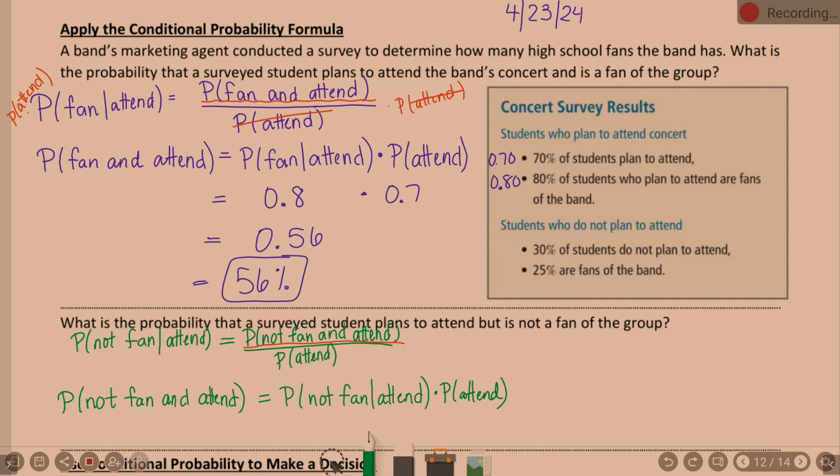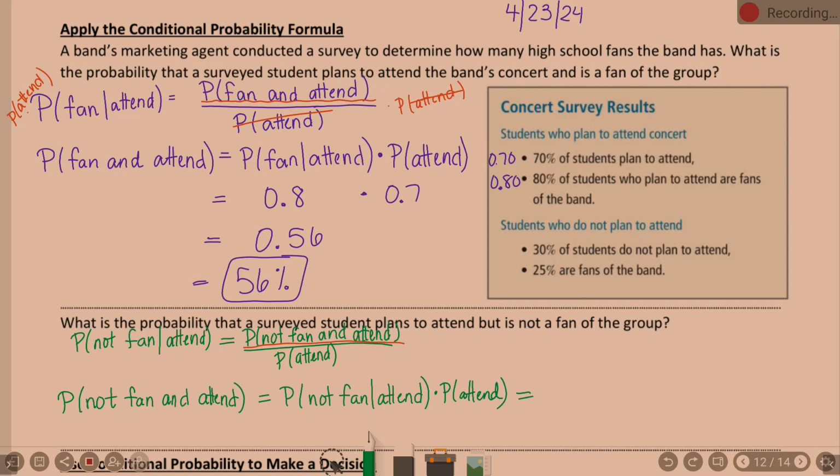I'm going to keep going over here where I have a little bit of other room. The probability that they are not a fan given they attended the concert. What'd you say? 20%. And why? Because you have 80% who are attending and are fans, so 100% minus 80% gives you 20%. So it'd be 0.2.